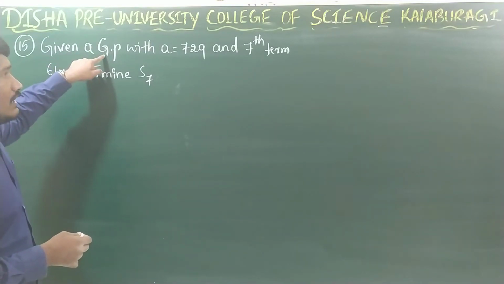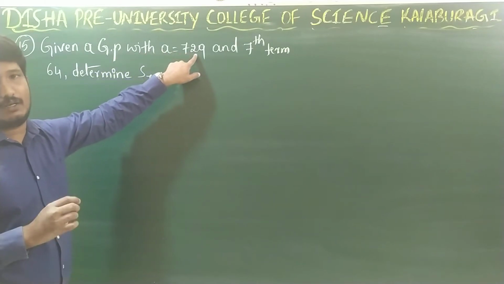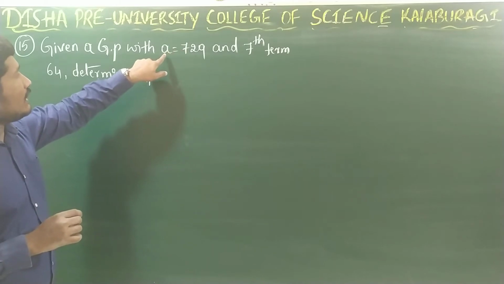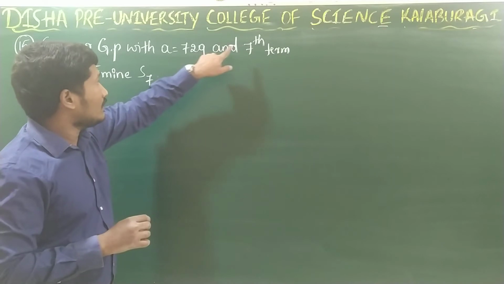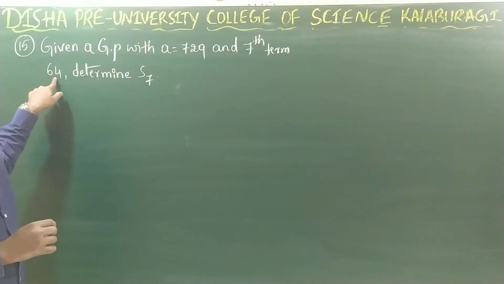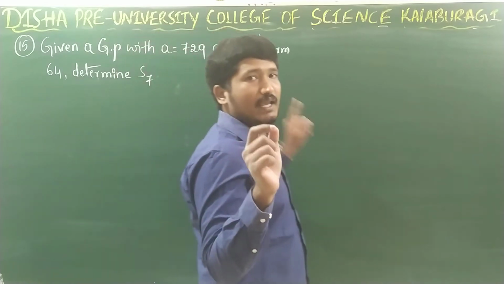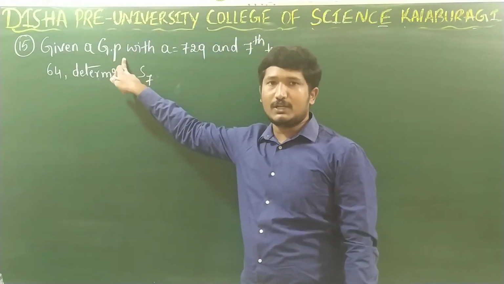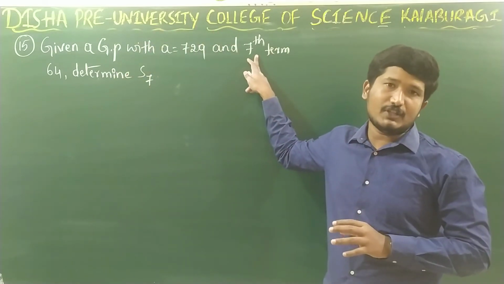Given a geometric progression with A is equal to 729, right? So what are we given here? We are given the first term of the geometric progression, and the seventh term is 64, right? We are given the value for A, that is considered as the first term of the geometric progression, and we are also given the seventh term of the GP.